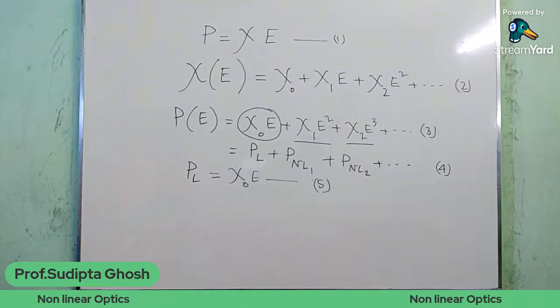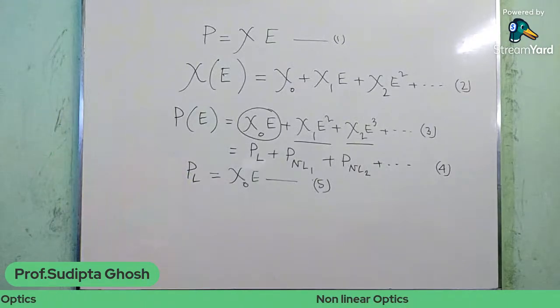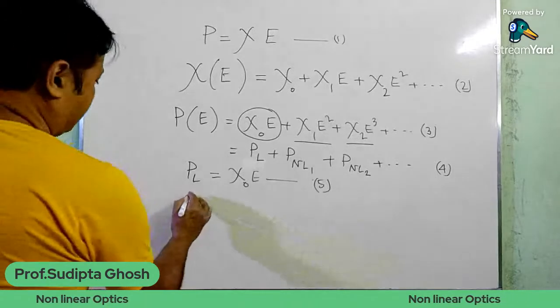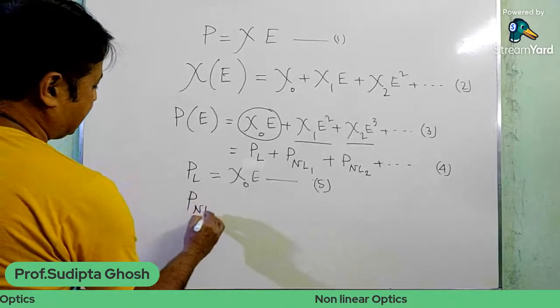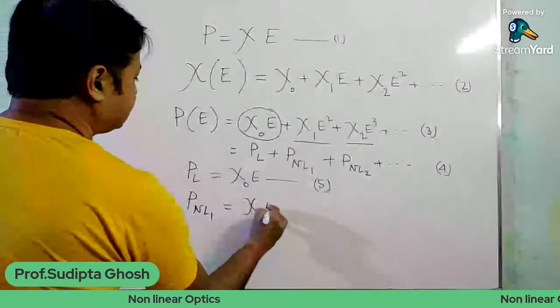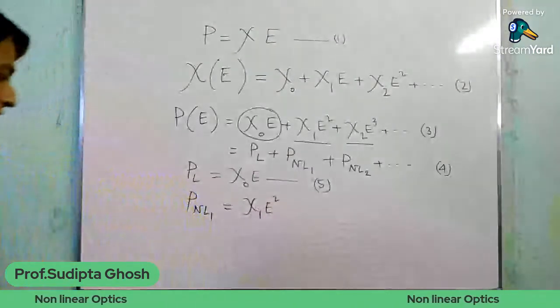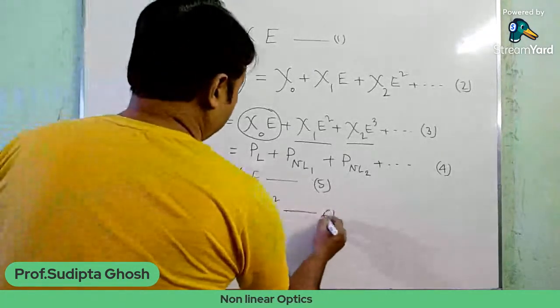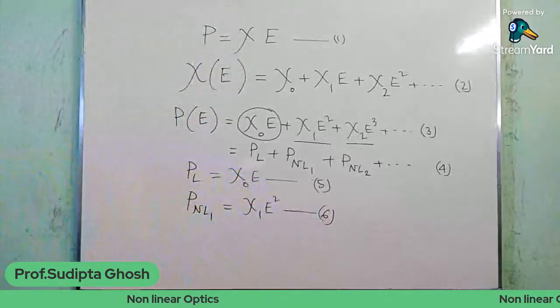Sorry. So now let us talk about the second term of equation 4, that is PNL1, and it is chi 1 E square. Let it be equation number 6.